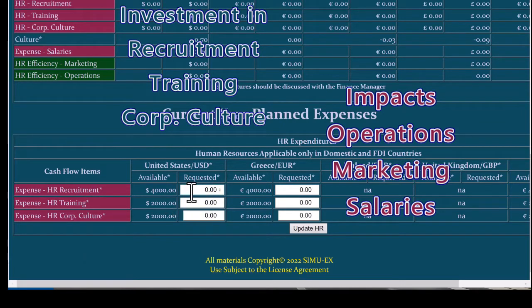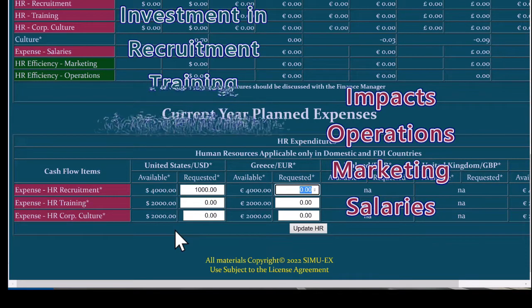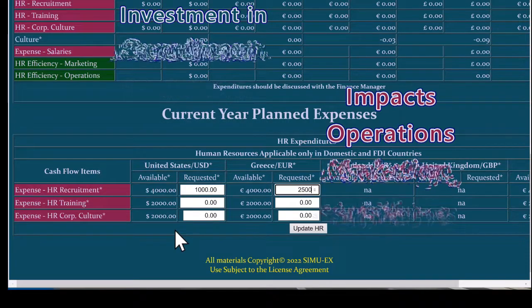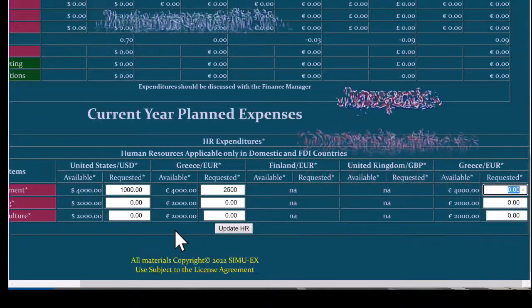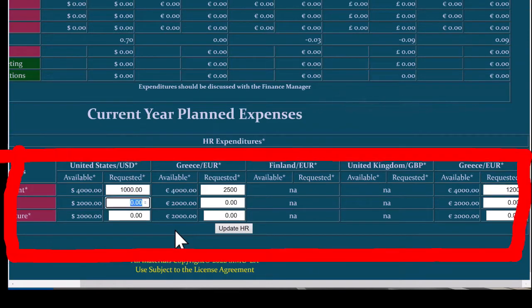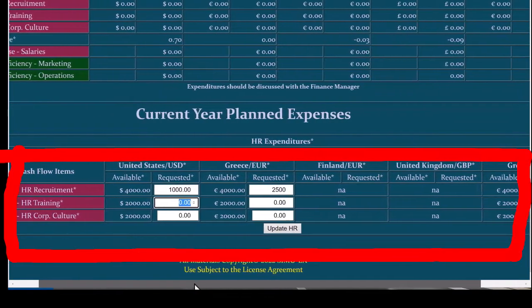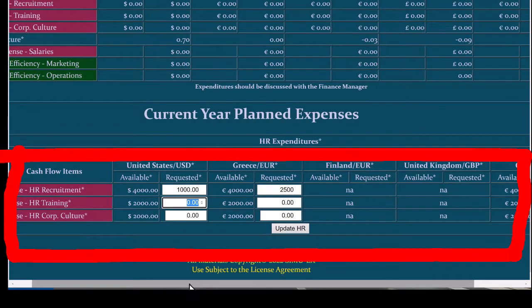So therefore, by hiring people, by training them, by developing a corporate culture, you'll be saving, in some cases, salary. You'll be enhancing revenues and marketing effectiveness. And you also will be, if you will, improving operational environments through efficiency of staff. So this is the responsibility of the HR department.